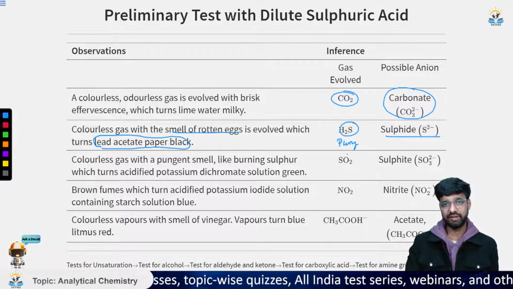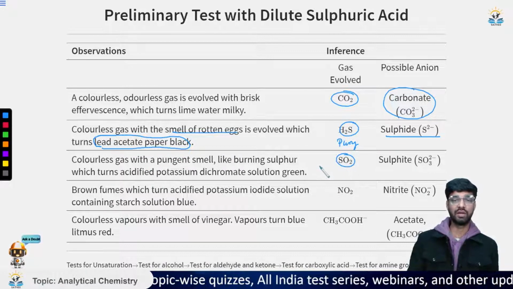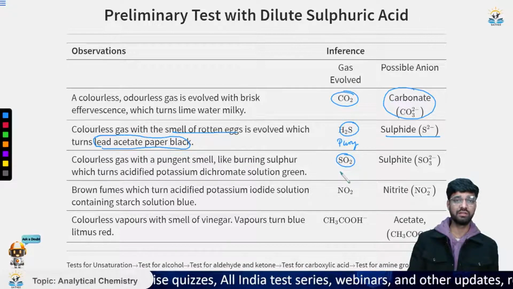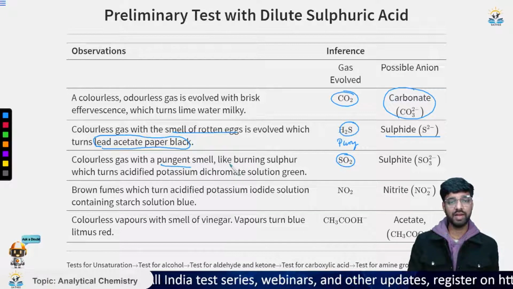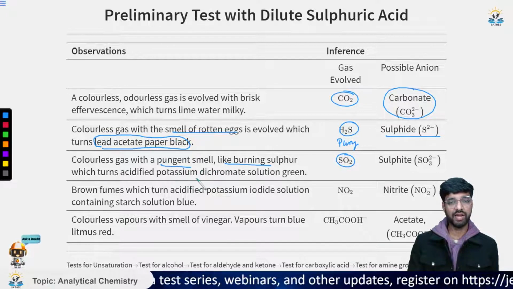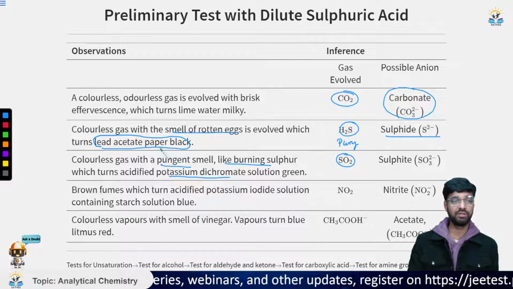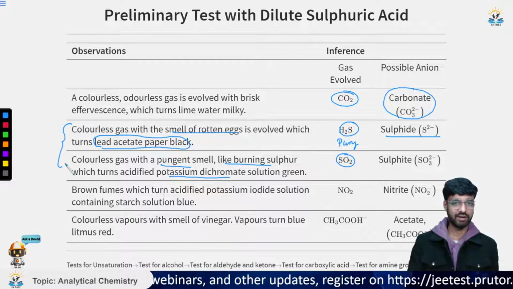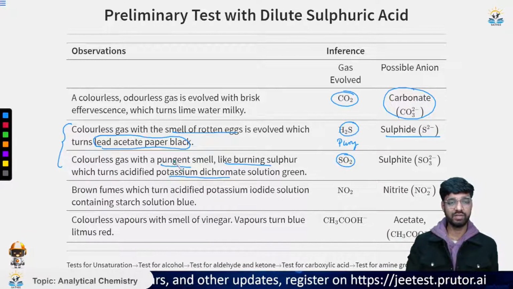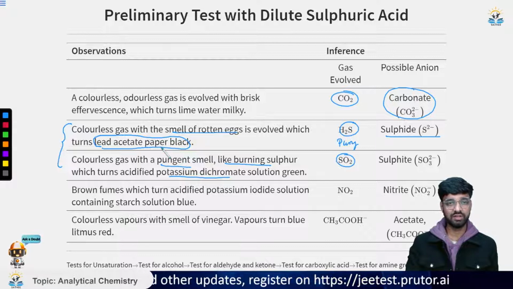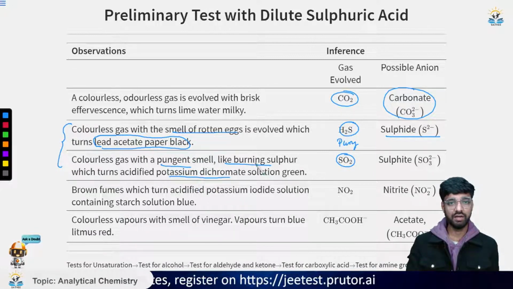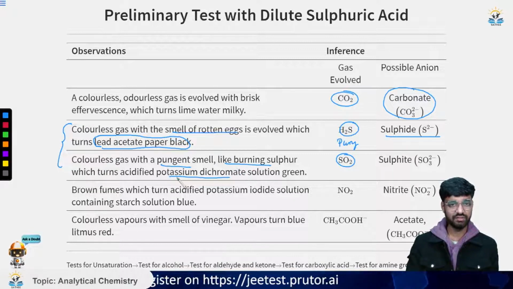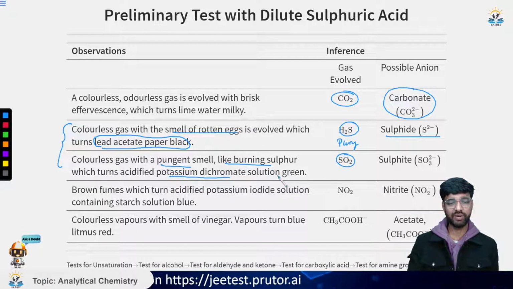Again, if we have SO2 gas released, it is confirmed by the pungent smell like burning sulfur, which turns acidified potassium dichromate green. Both have a kind of burning smell, but the difference is that the first one turns lead acetate paper black, and the second one turns acidified potassium dichromate green.